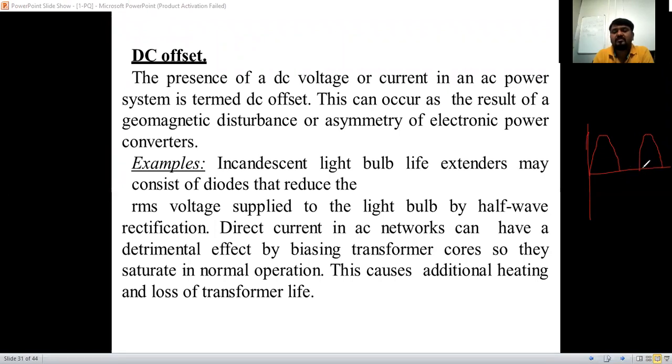Next, for the negative half cycle it is 0. Next, for the first half cycle we get output again. Like that, because of the rectification, DC components or DC voltage or current will be present in the AC. That we call DC offset.